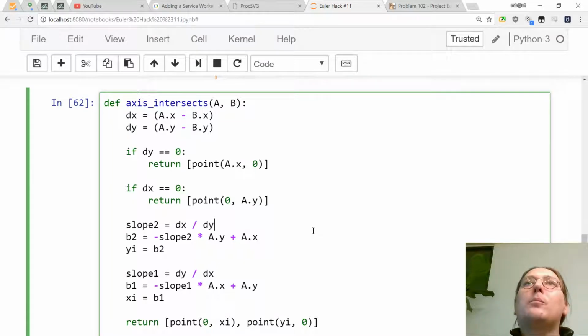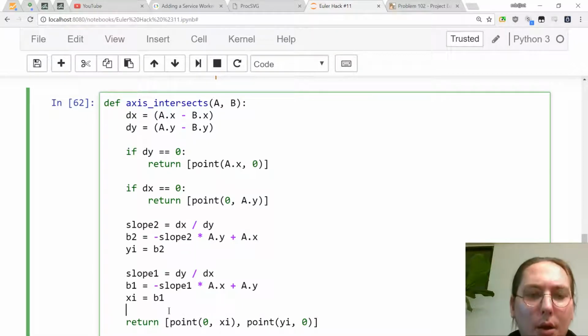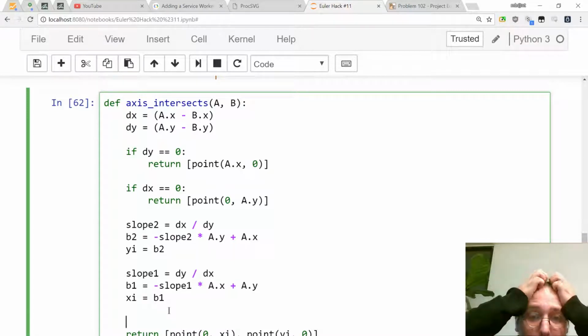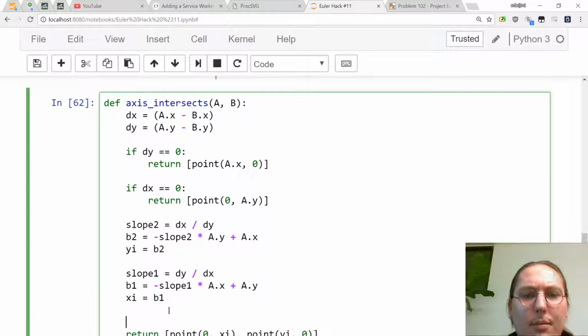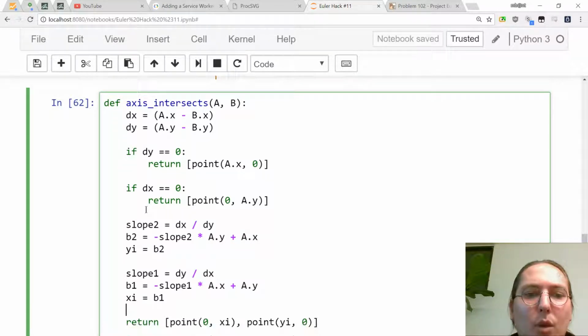Here also the intersect should be between those, the x intersect between the point intersect and y intersect. This has to be inside here before we normalize.